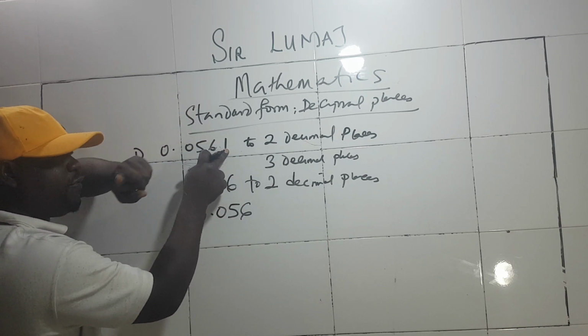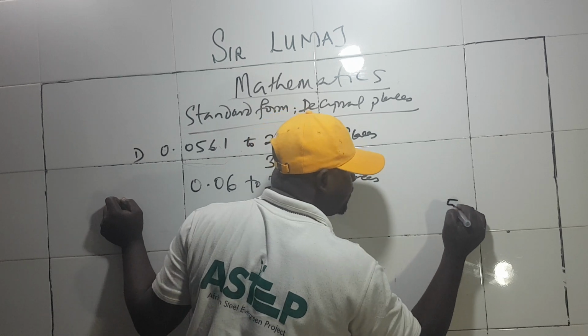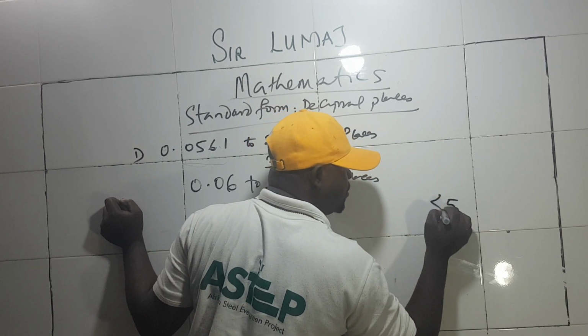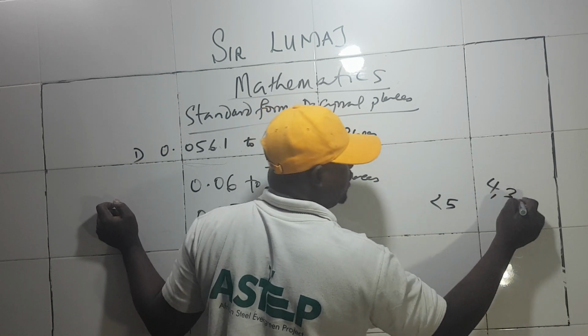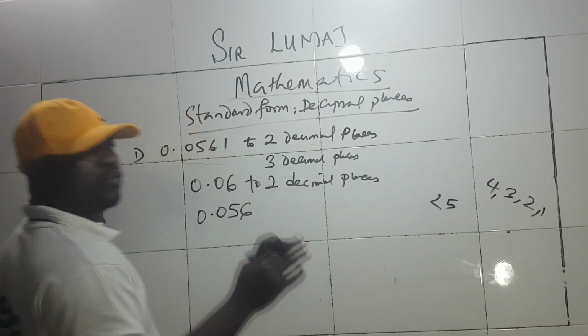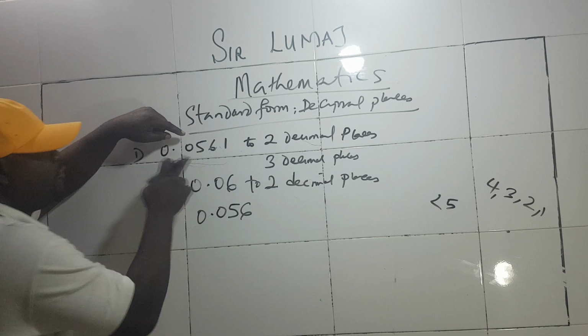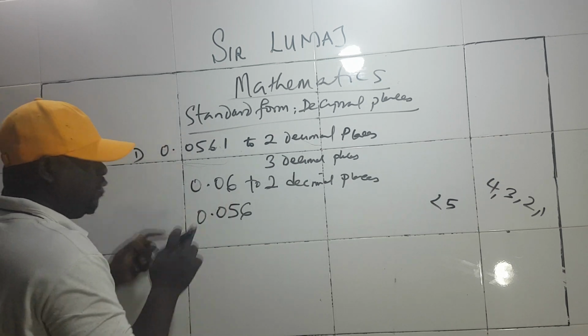Once it's less than 5, that means 4, 3, 2, 1, 0. Those ones are less than 5. So I think that one is clear.